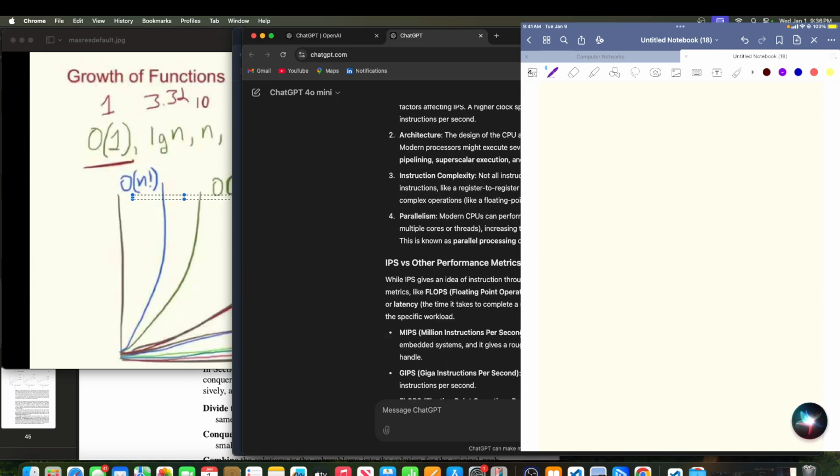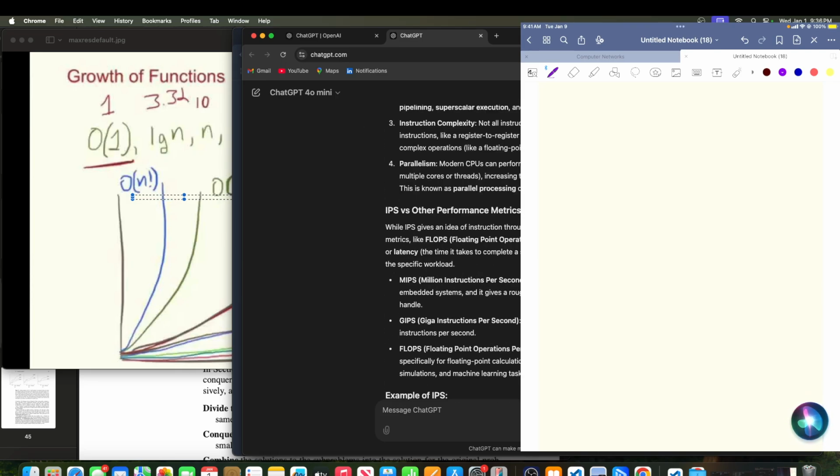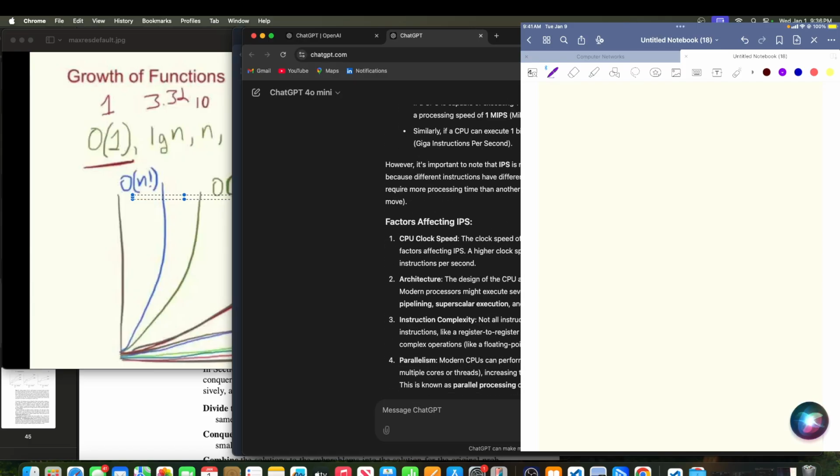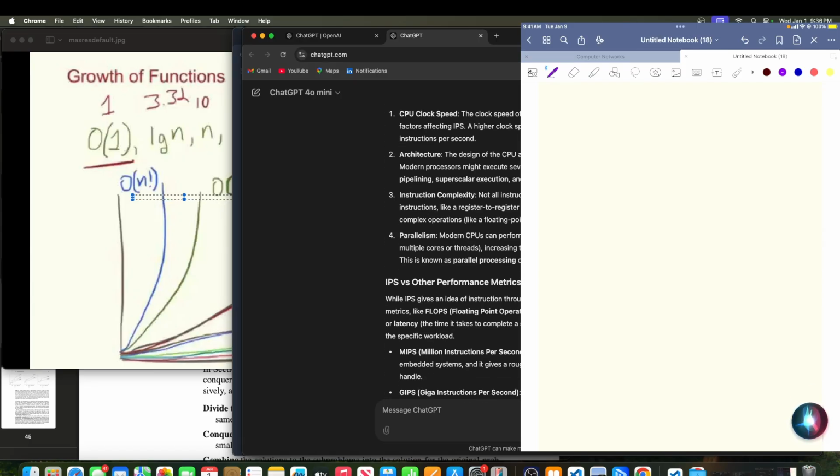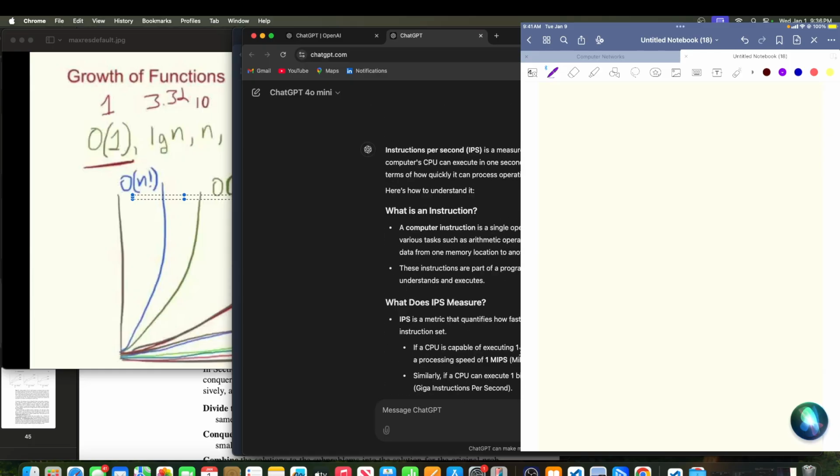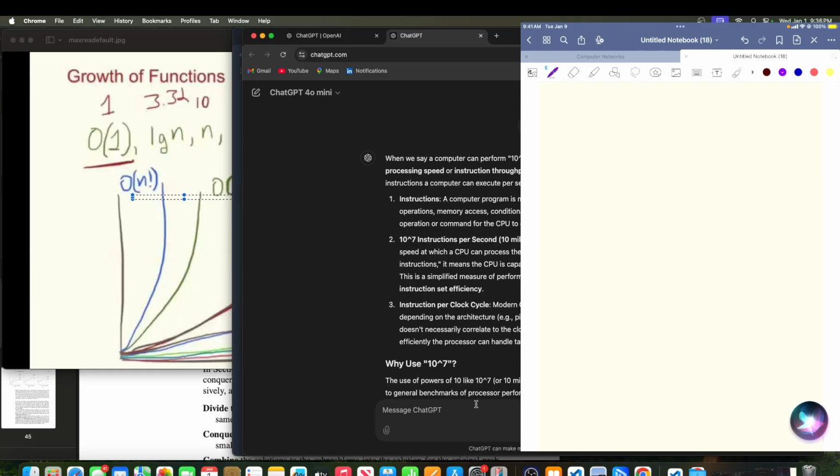This is more related to operating systems, but we generally say IPS is 10 power 7.